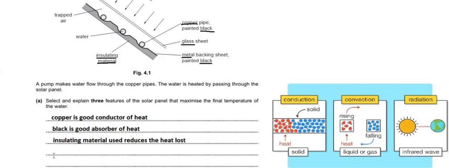So we can write down over here what is the use of that glass. Basically it traps this air, which can be gone out through the process of the convection.